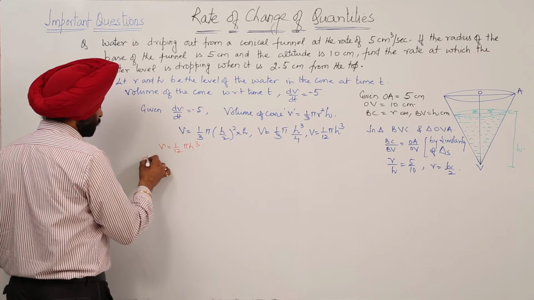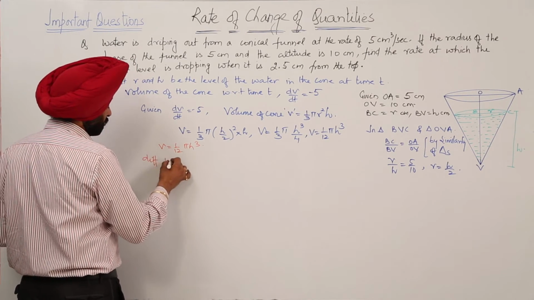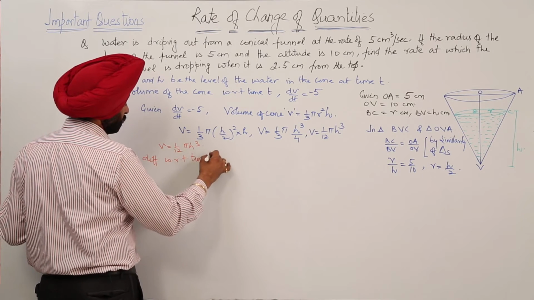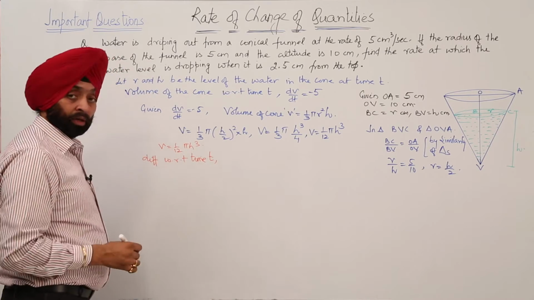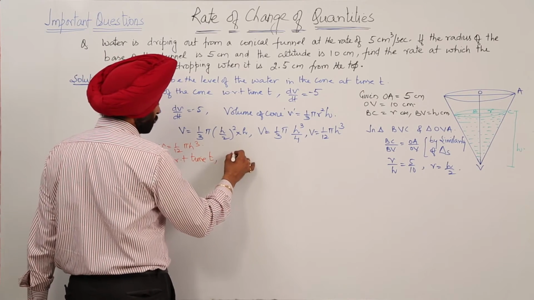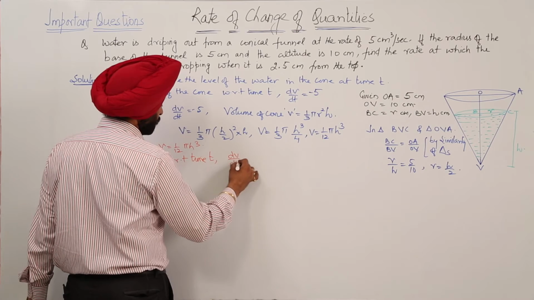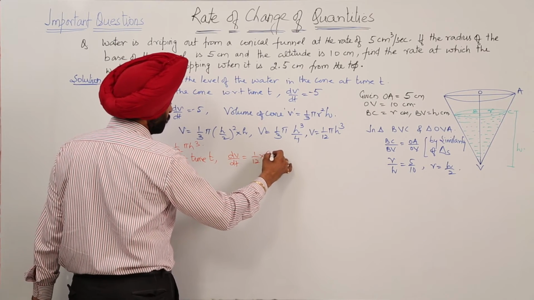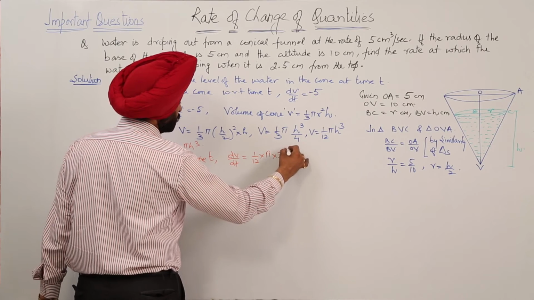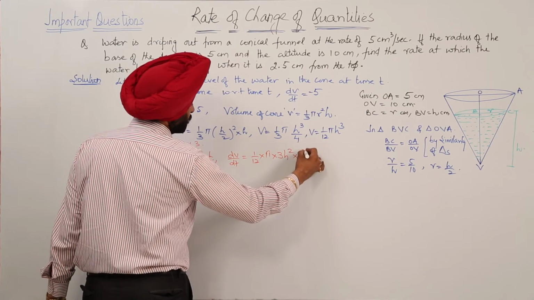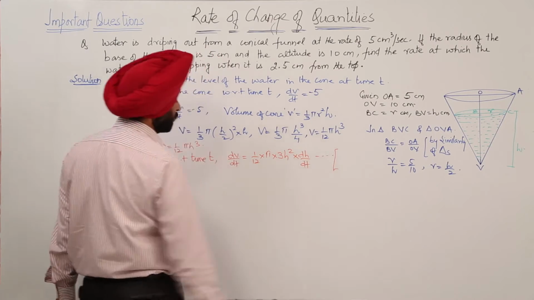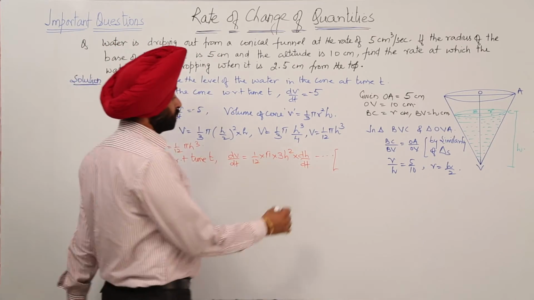Now differentiating, again I am writing here V is equal to 1 by 12 pi H cube. Now differentiating with respect to time t, what we are getting? dV by dt is equal to 1 by 12 pi with 3h square with dH by dt. What we are applying? Chain rule.